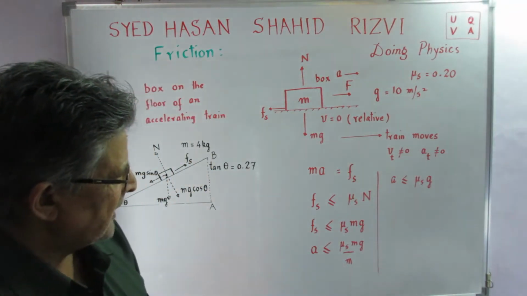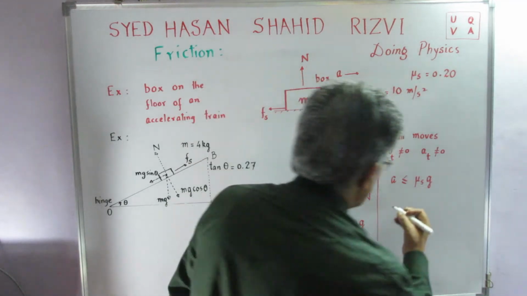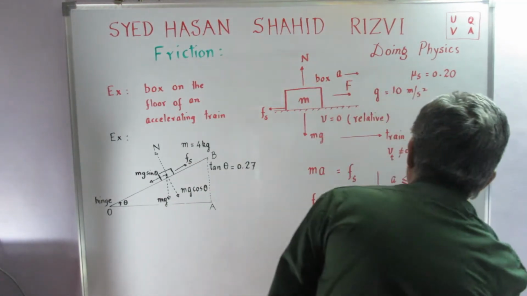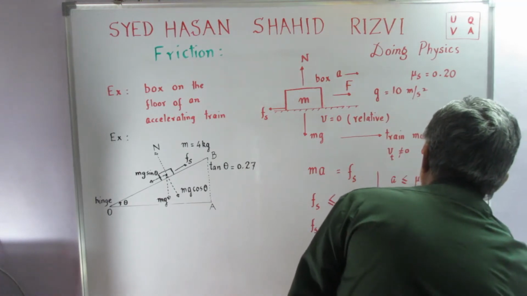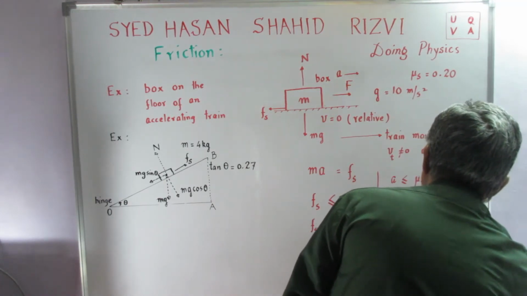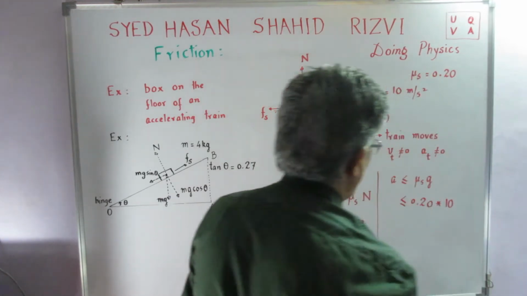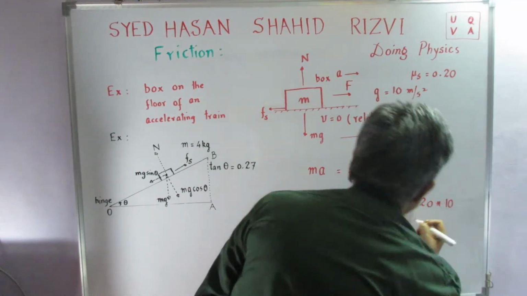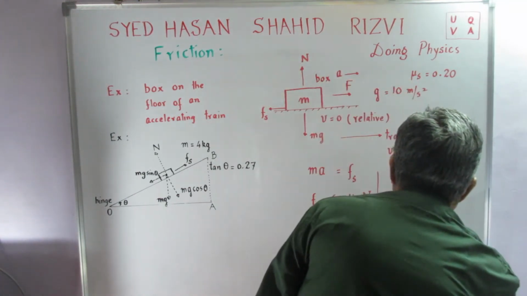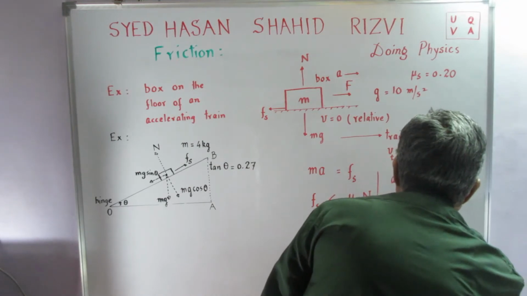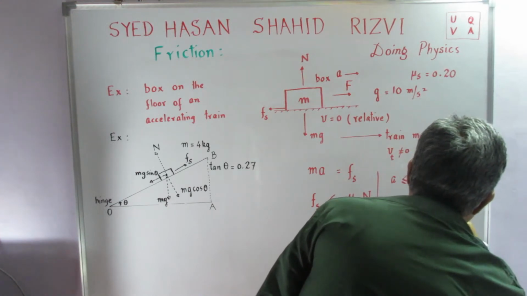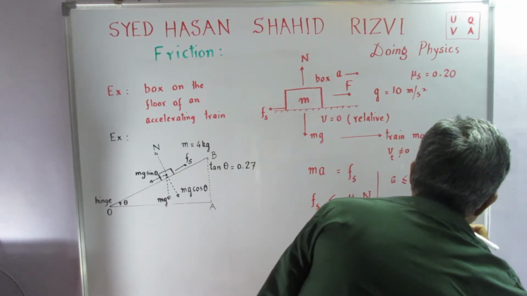If I calculate this, it will be less than or equal to mu s, 0.20, into 10 meter per second square, which is smaller than or equal to 2.0 meter per second square.